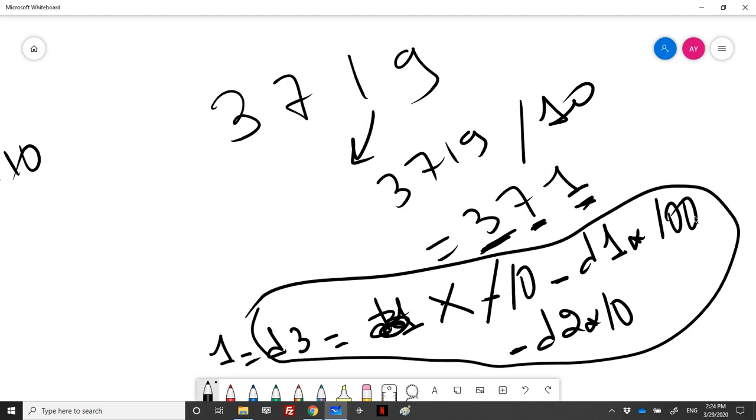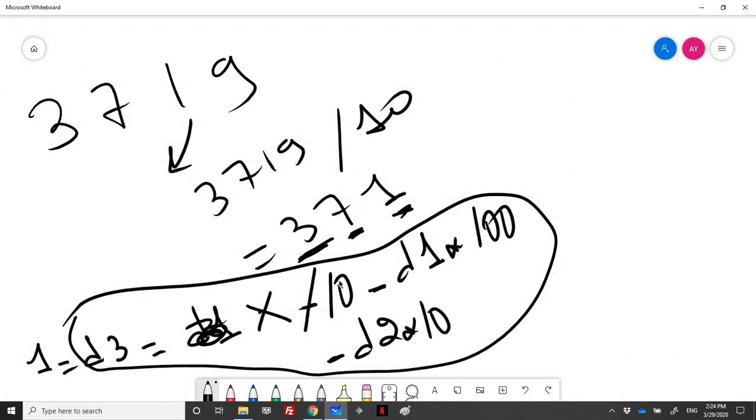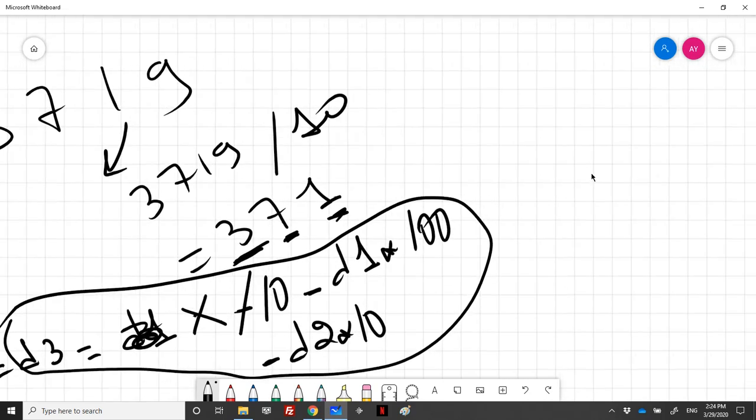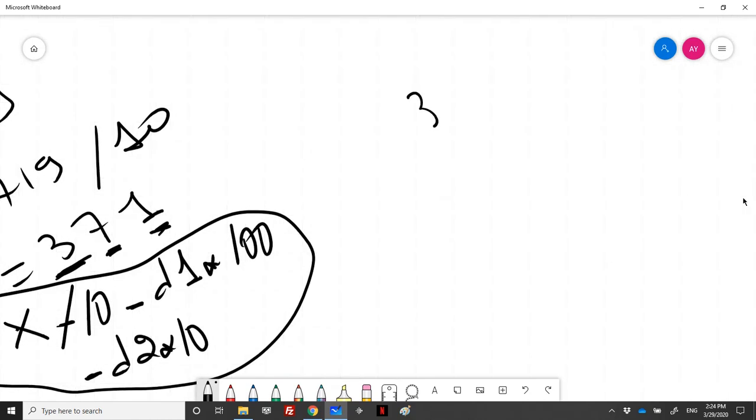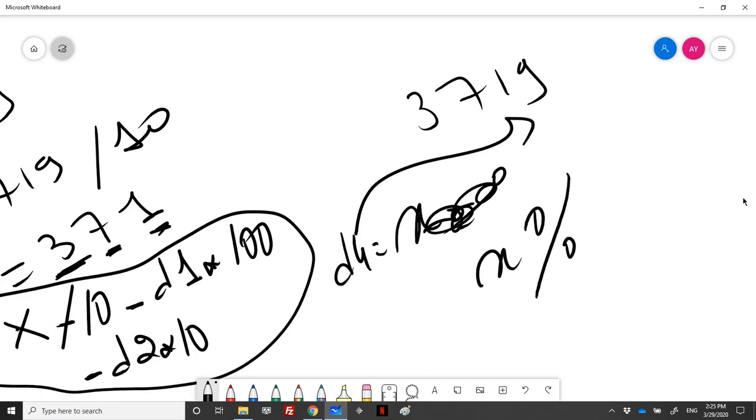How about D4? D4 you can get in the same way, x minus the summation, or another way to do that is x modulo 10. It's the remainder of the division between x and 10.